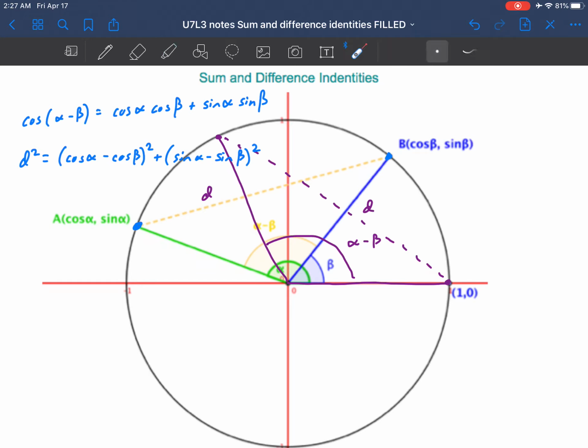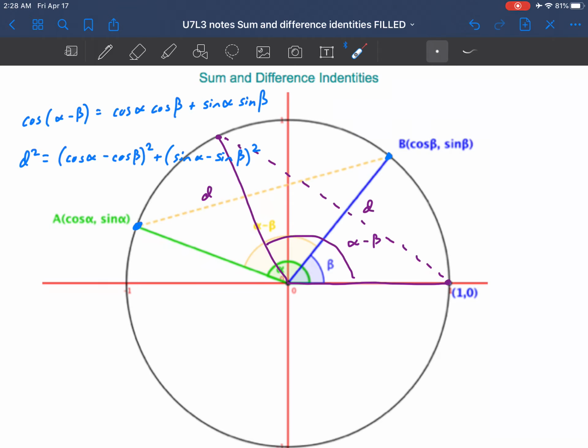I know this is messy, sorry for that. But this is the change in the x coordinates, this minus this squared, and this is the change in the y coordinates, this minus this squared. If we sum them, we get the distance squared.